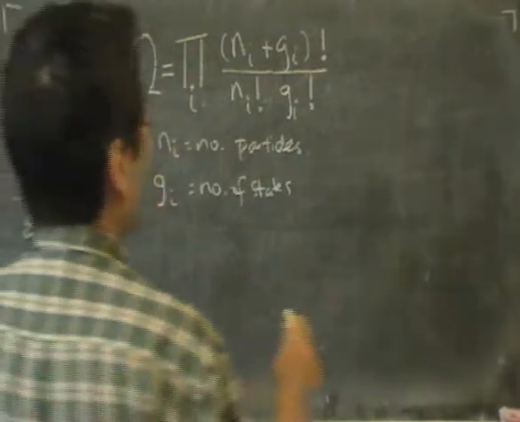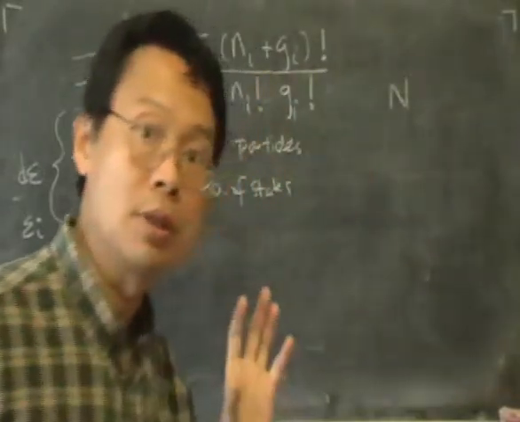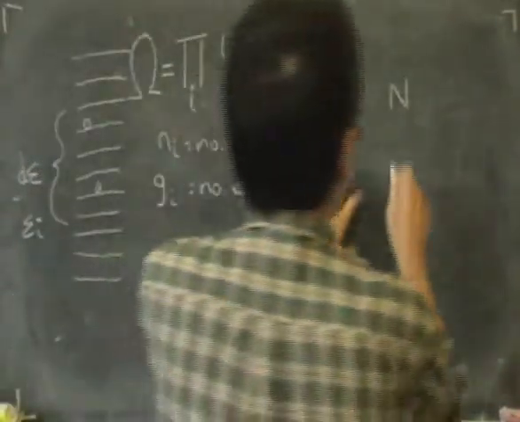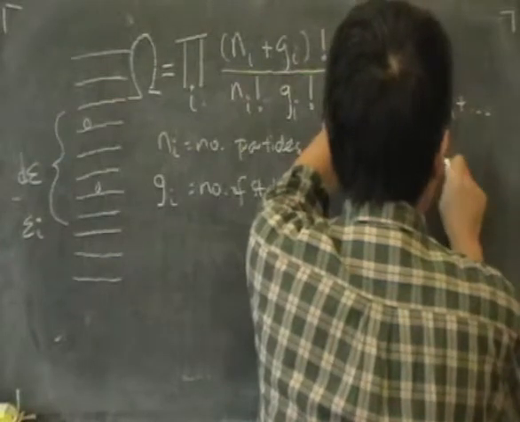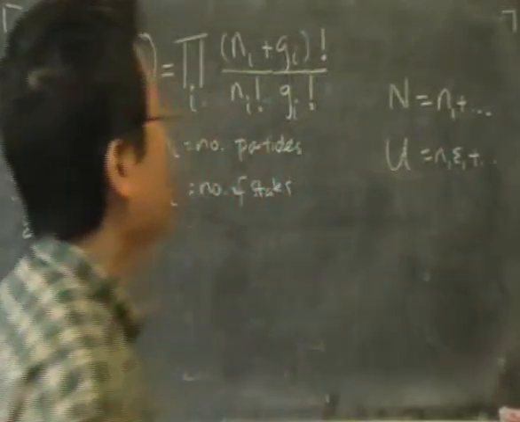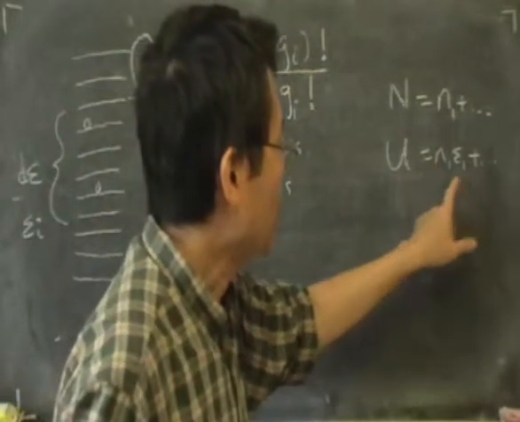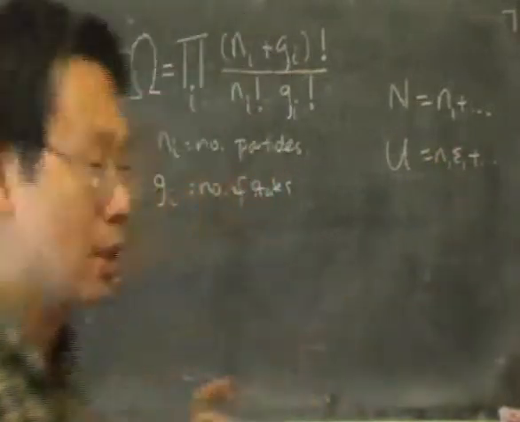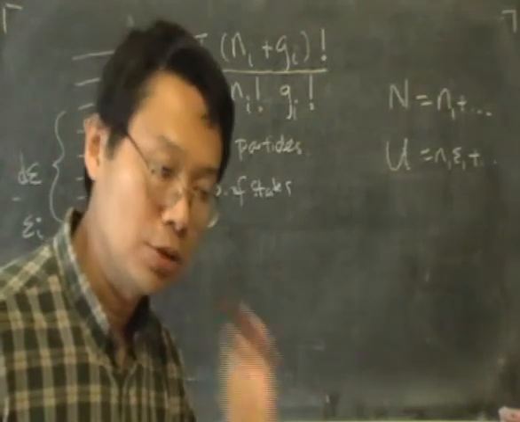The constraints are that the number of particles must be constant and the total energy must be constant. So that's N1 plus N2 and so on, and that's N1 E1 plus N2 E2 and so on. Now here, I'm assuming that each of these terms refers to a particular interval rather than a particular energy state.